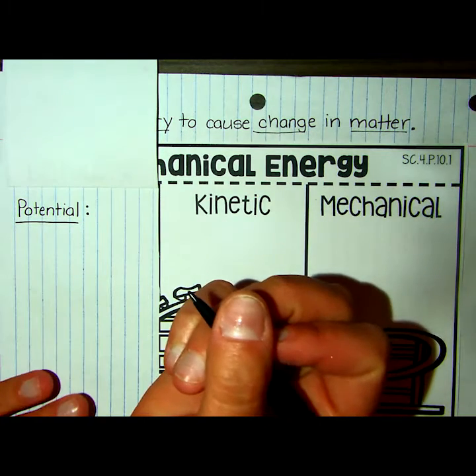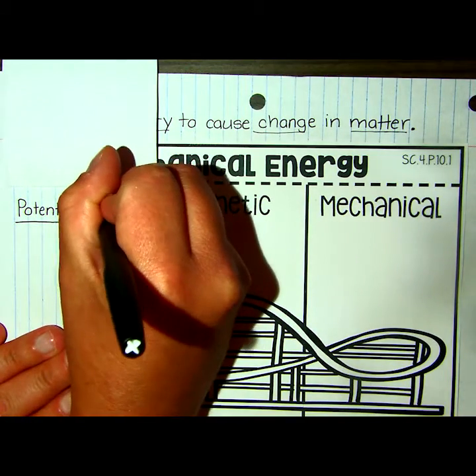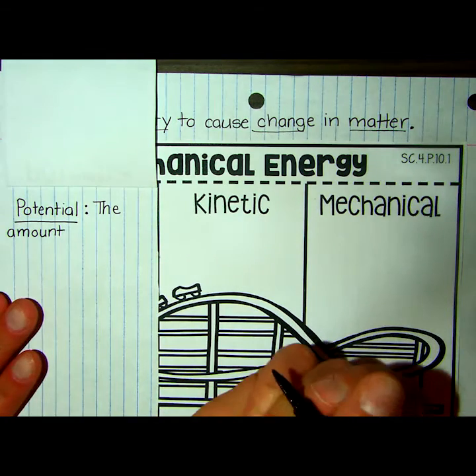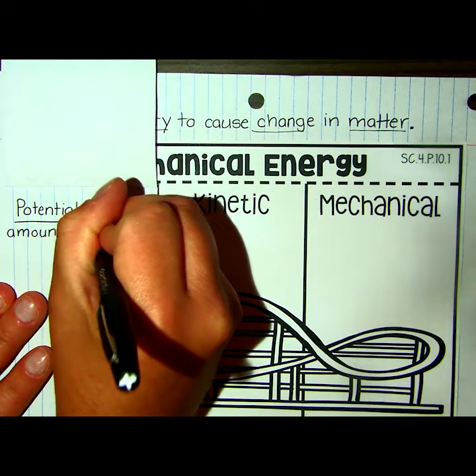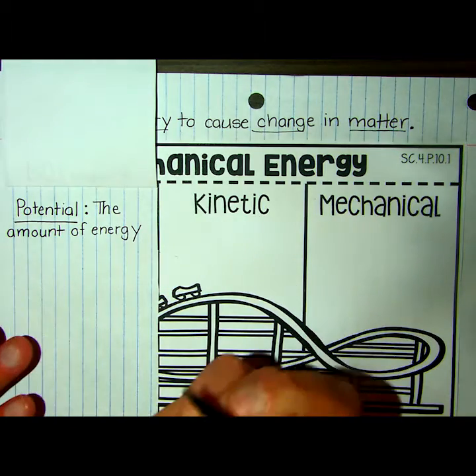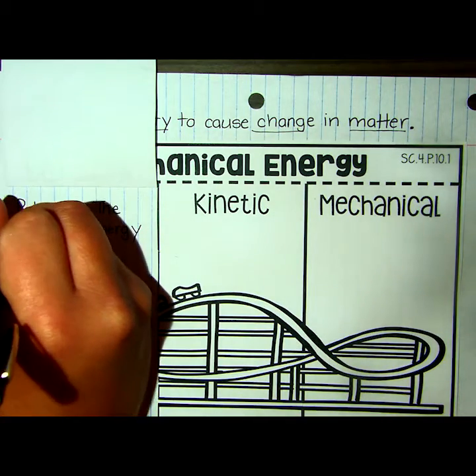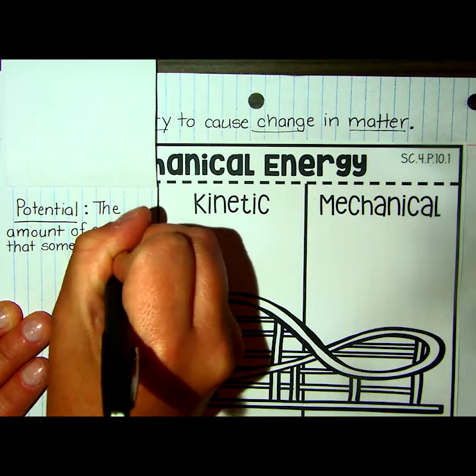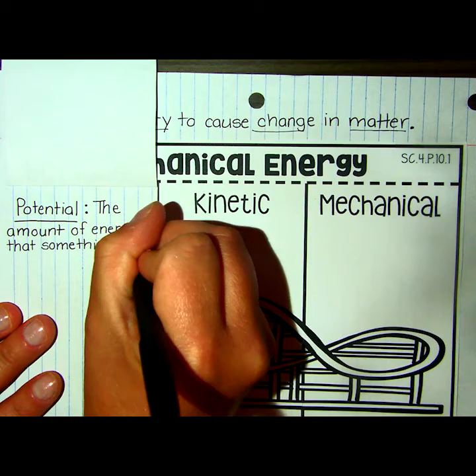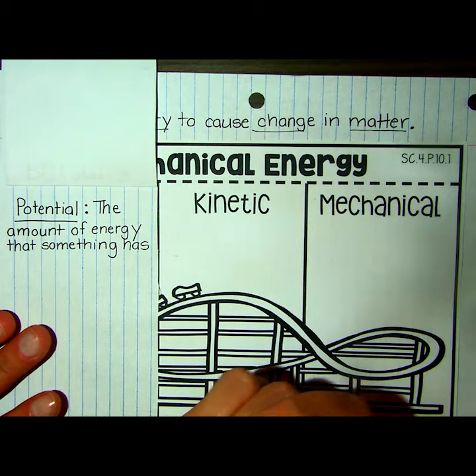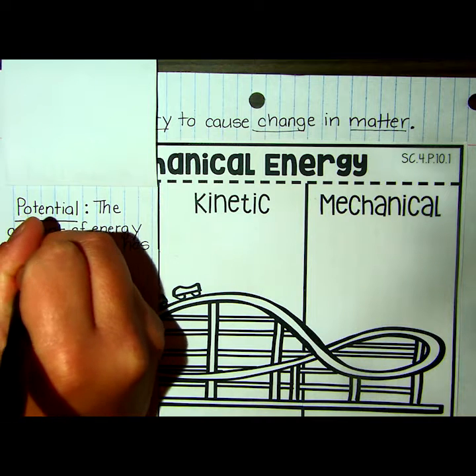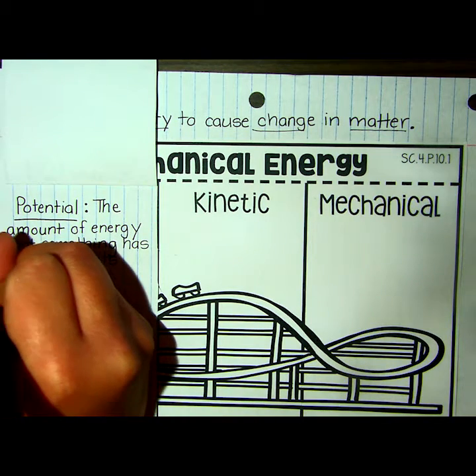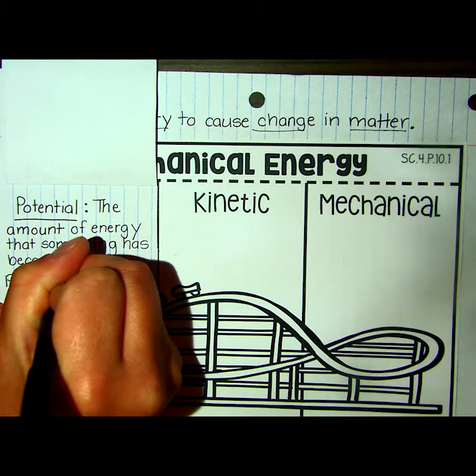So when we're talking about potential energy, this is the amount of energy that something has because of its position or condition.